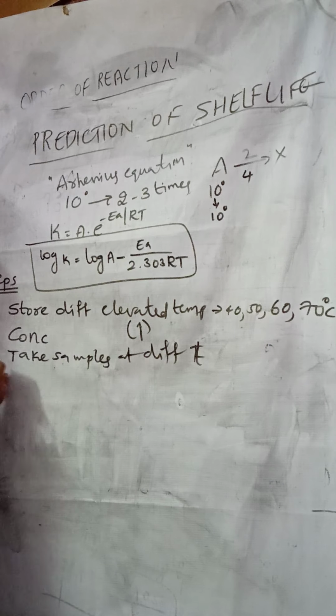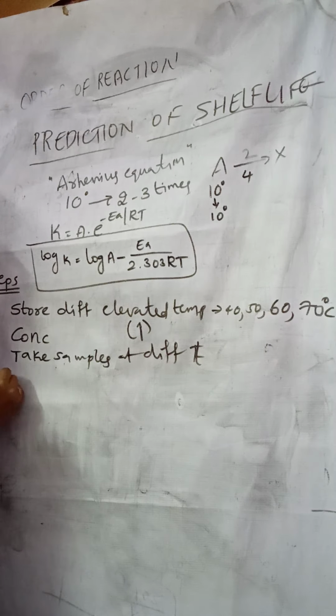Then you have to plot a graph of concentration and time. Then you will get a straight line. From this straight line you will get the slope, and by the slope you will get the value of K. Like this you have to calculate the K value for 40, 50, 60 and 70 degrees.